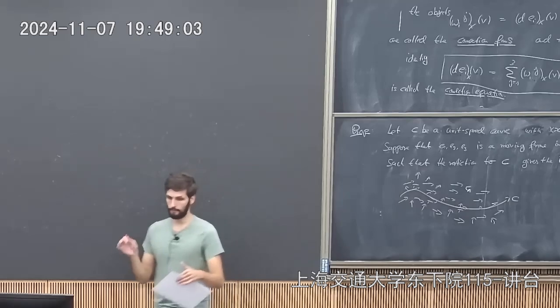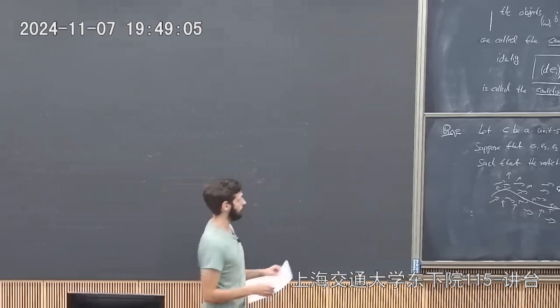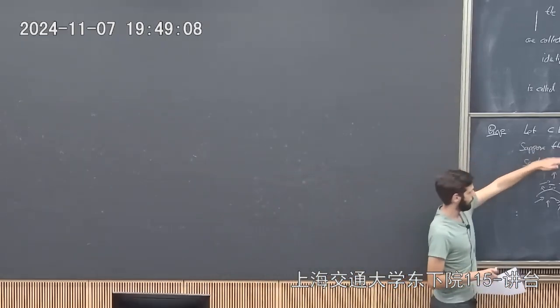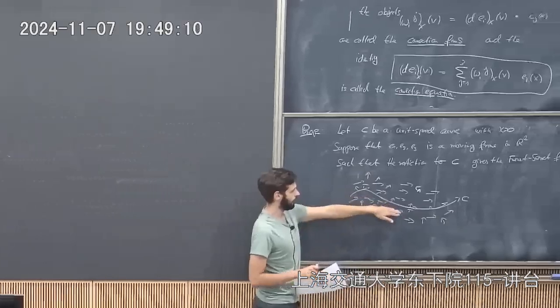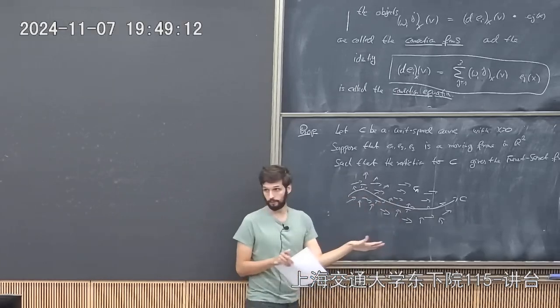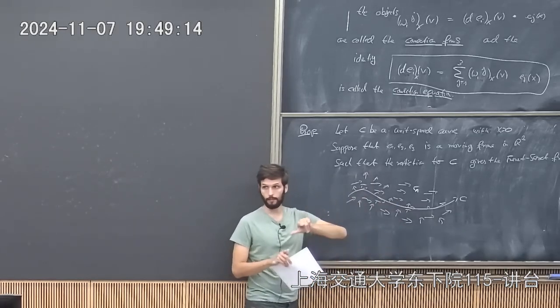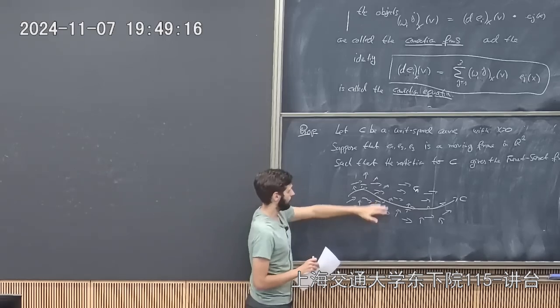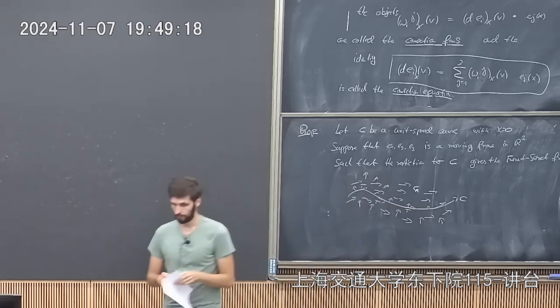So they change quite a bit, and the only requirement of the moving frame is that when I restrict it to C, I get the tangent vector and the normal vector and the binormal vector back. So that's the idea.